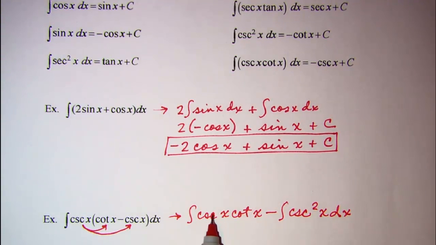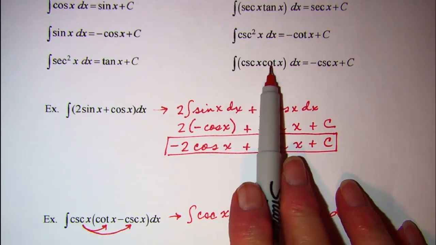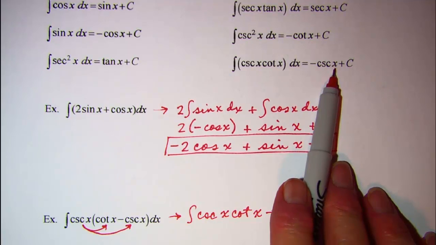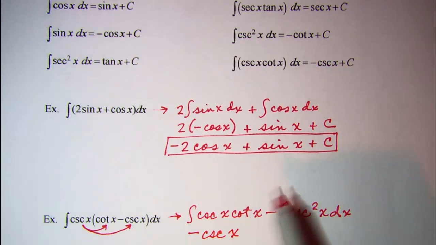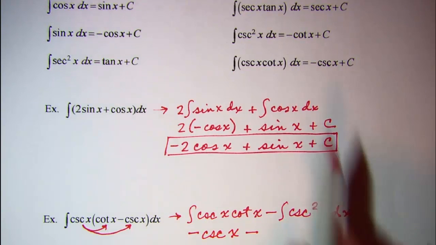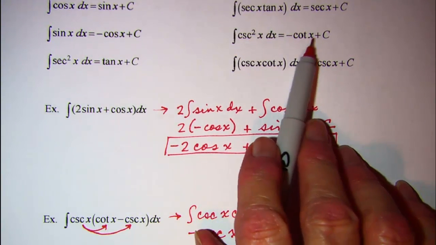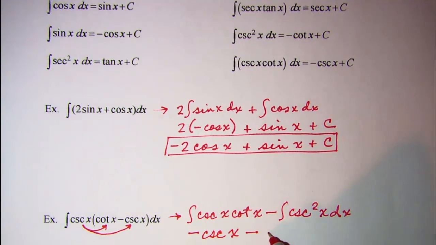And the integral of cosecant x cotangent x is a negative cosecant x, and then we have minus, and then we want the integral of cosecant squared x, which we can see is a negative cotangent x, and then we have plus our constant.